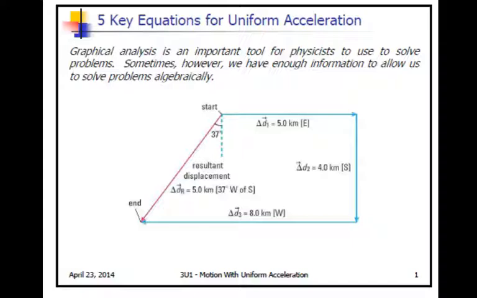It's implied that we have 3 displacements: d1, which is 5 kilometers east, d2, which is 4 kilometers south, and d3, which is 8 kilometers west. Those 3 displacements together get us from a start point to an end point. And you see the resultant displacement is equal to 5 kilometers, 37 degrees west of south.